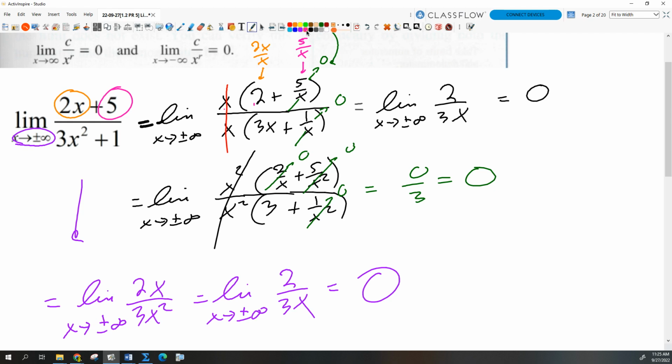So could we have reasoned this out without doing any of this fancy algebra? If I let x approach positive infinity, let's just take the positive case. The top of the function is going to infinity. 2x plus 5 is going to infinity. 3x squared plus 1 is also going to infinity. Which one is going to infinity faster? The squared one, the bottom one. How much faster?